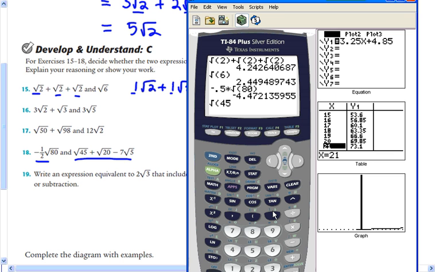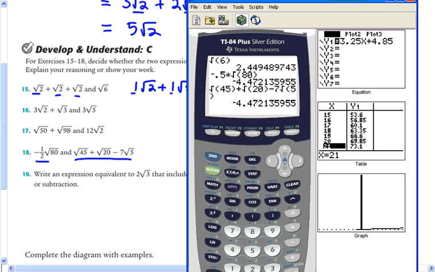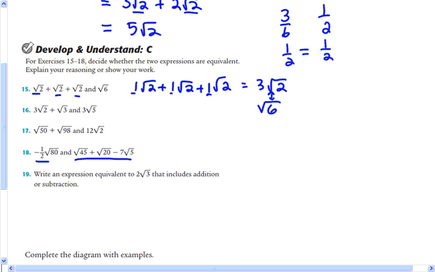Careful to make sure you close off the parenthesis there. Plus square root of 20, minus 7 times the square root of 5. There we go. Hey, those are the exact same numbers. So we're going to work to show that now. Why they're the same.